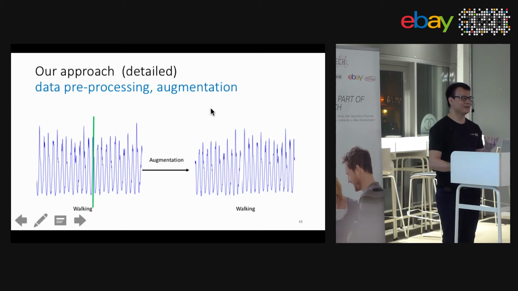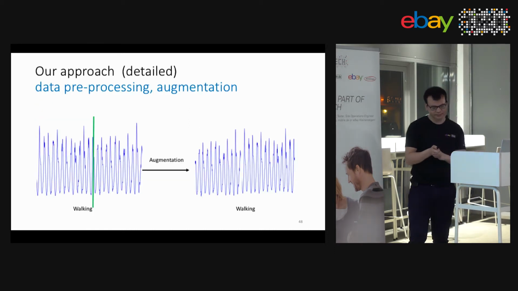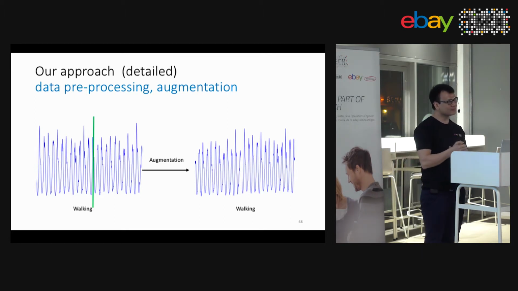Because it's really time-consuming to get labeled data, to label the accelerometer data. After I take a segment of the sequence, the length of the segment is a hyperparameter you need to play with.